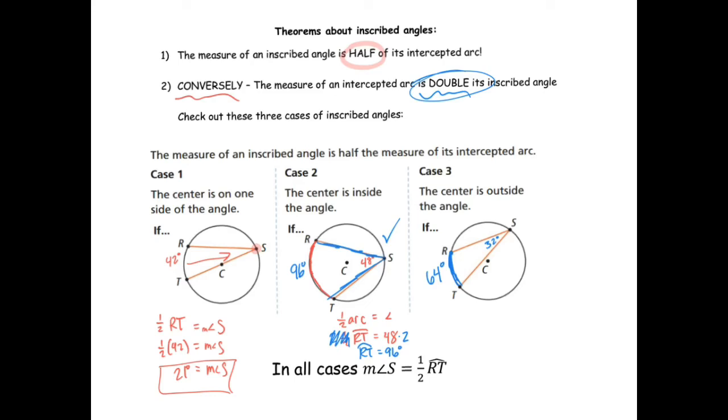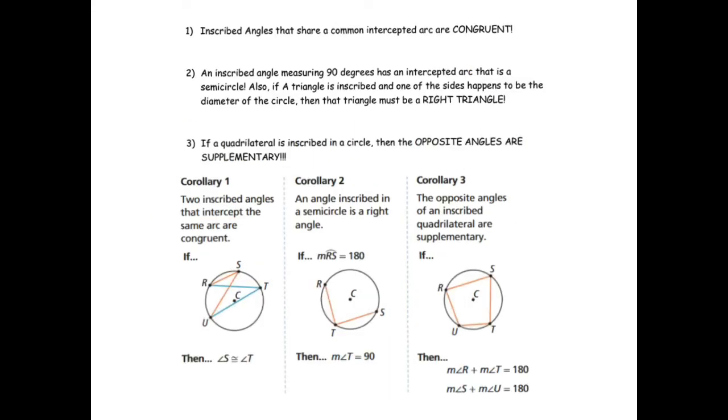And let's look at some more theorems. These are corollaries. They're theorems that go along with the original theorems. The first one is when you have two inscribed angles that share a common intercepted arc. Here's the example, corollary 1.